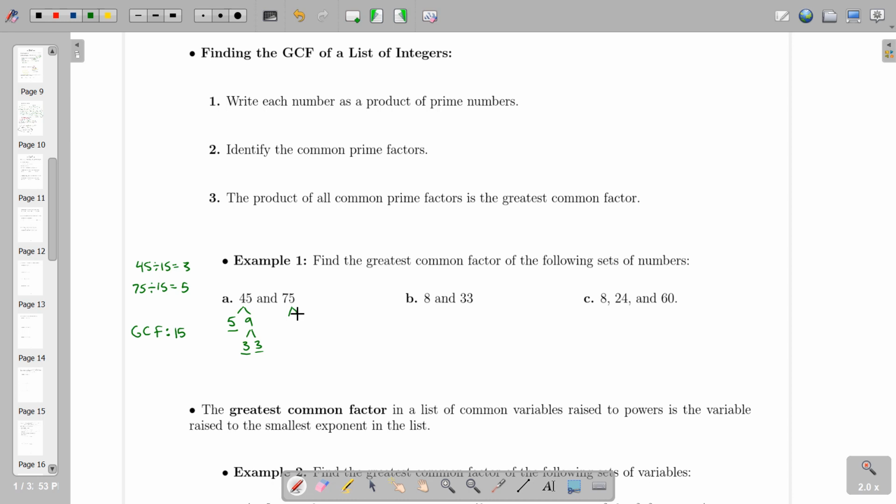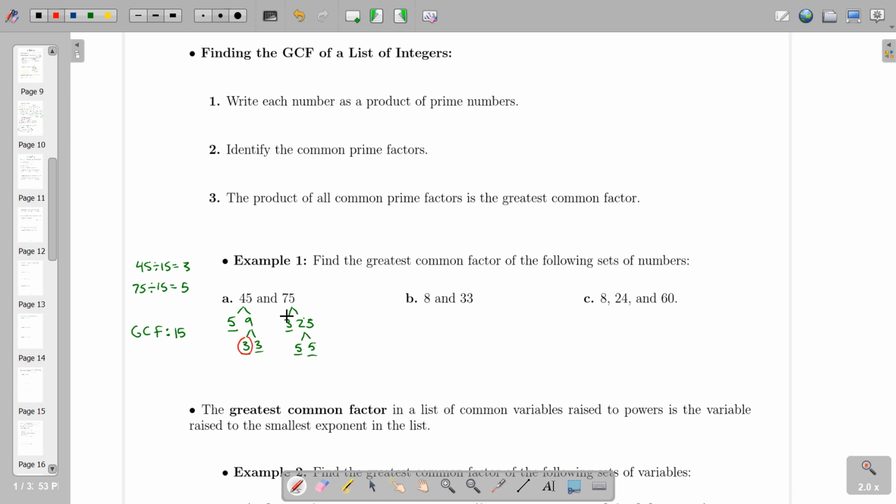Then we do the same thing for 75. Maybe the first thing that comes to mind is 3 times 25, right? 3 is a prime. And of course, 25 is 5 times 5. So when we're looking for the greatest common factor, we say, okay, what do they share in common?